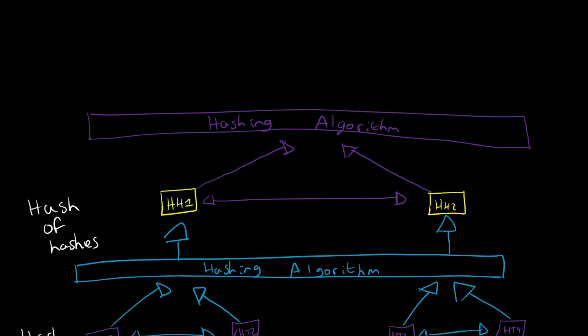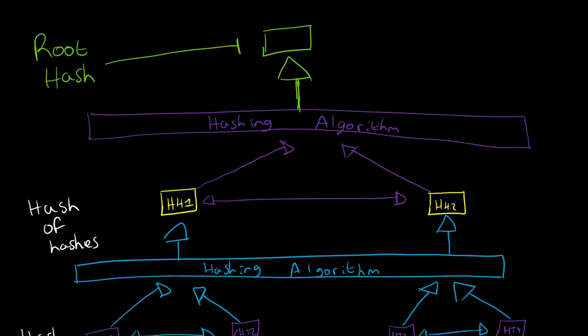And from this, we get the ultimate piece of information. We get a single hash, and this is called the root hash. I'm going to call this RH.